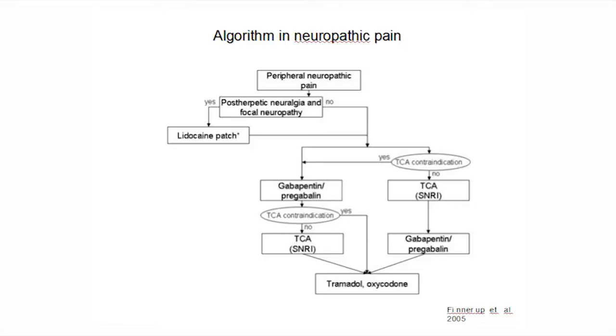So this is the most up-to-date guideline on an algorithm for treating neuropathic pain. You'll notice this is actually applicable to both the chronic and acute setting. If you have a specific localized area of neuropathic pain on the skin, classically from shingles, you can use a topical patch for that.